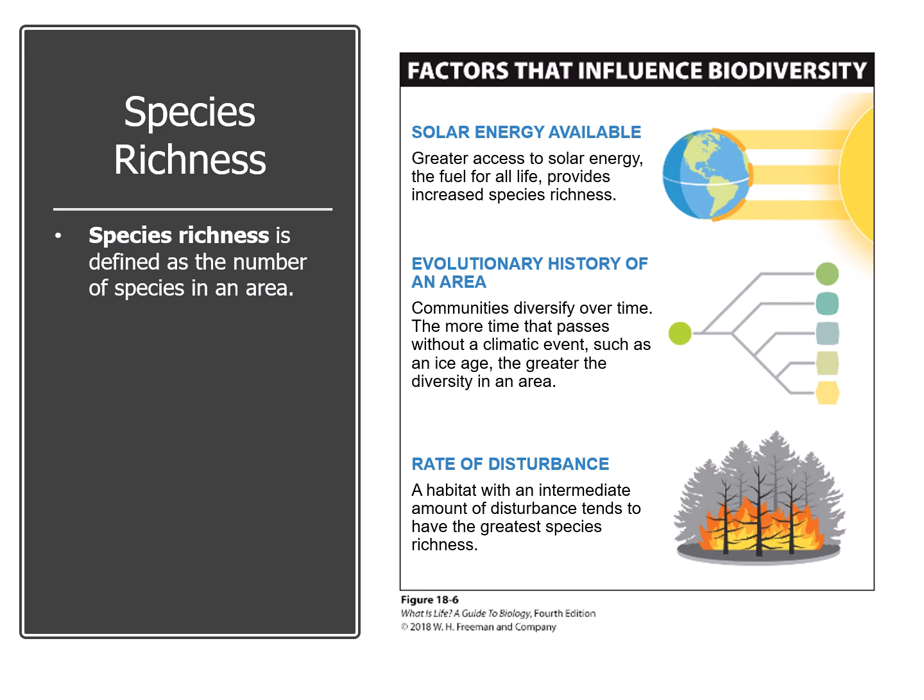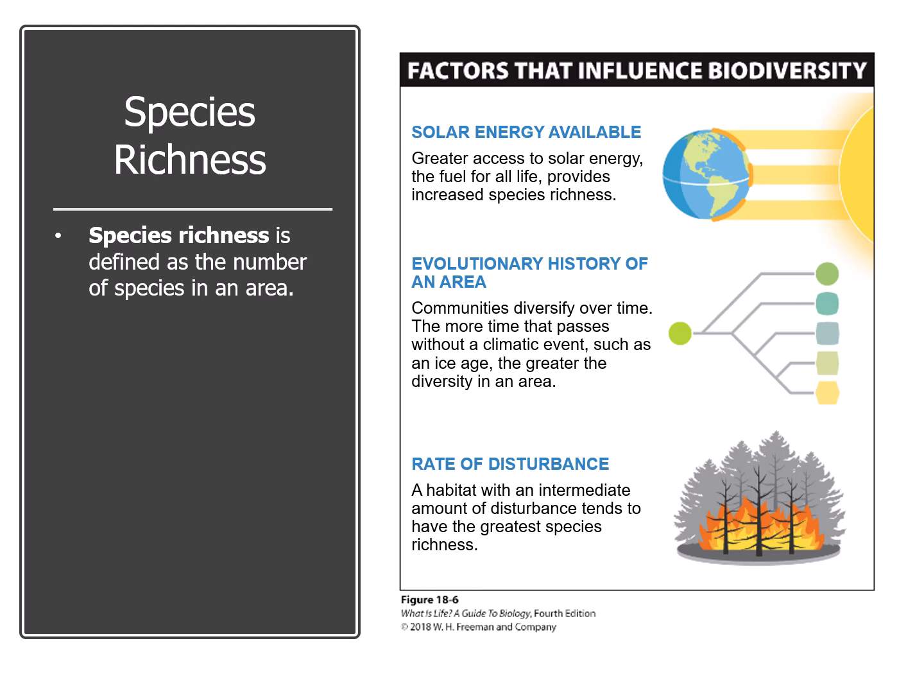Now, as we move away from the equator, where that sun is directly hitting, you get less solar energy being available, and so that species richness is going to decrease as you move away from the equator.